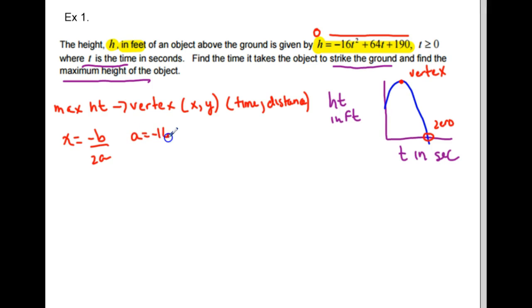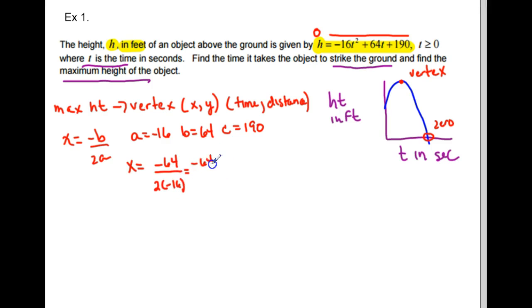So I'm going to identify my values. A is negative 16, B is 64, and C is 190. Okay? And so I'm going to plug in x is equal to negative 64 all over 2 times the negative 16.